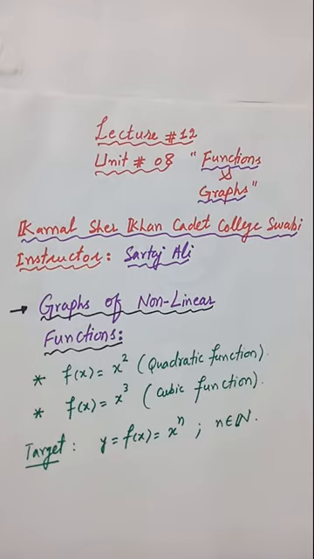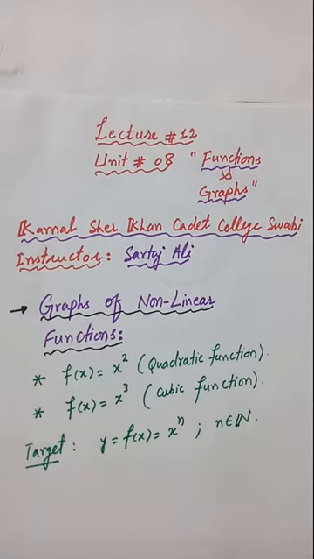Constructing infinite ordered pairs is not possible, so we will construct at least 2, 3, 10, 20, as many as you can, and then we will pass the graph through them, remembering the shape of the graph of that function. You will draw such a shape which is actually the graph of the function. So for the graph you must remember the shape of the curve that the function has.